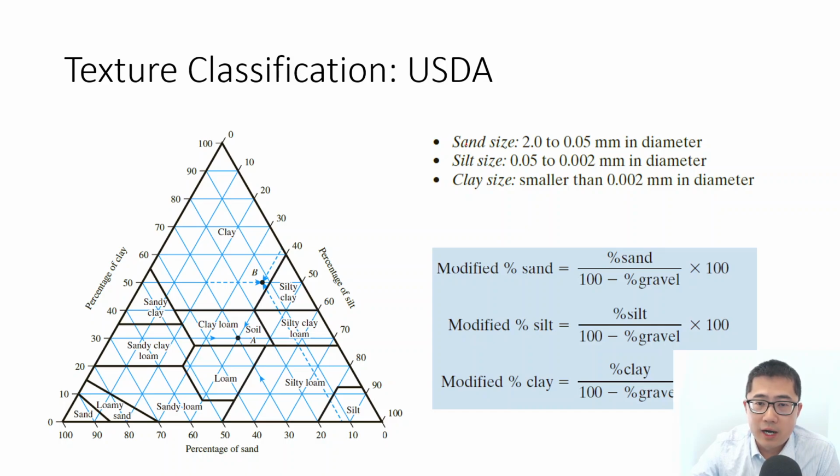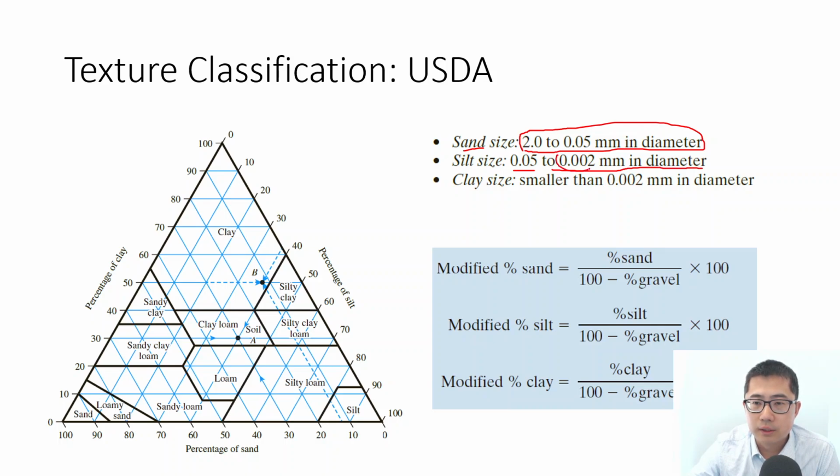We define 3 categories. That is sand, which has a pretty weird definition of diameter: 2.0 to 0.05 millimeter in diameter. And silt is from 0.05 to 0.002 millimeter in diameter.